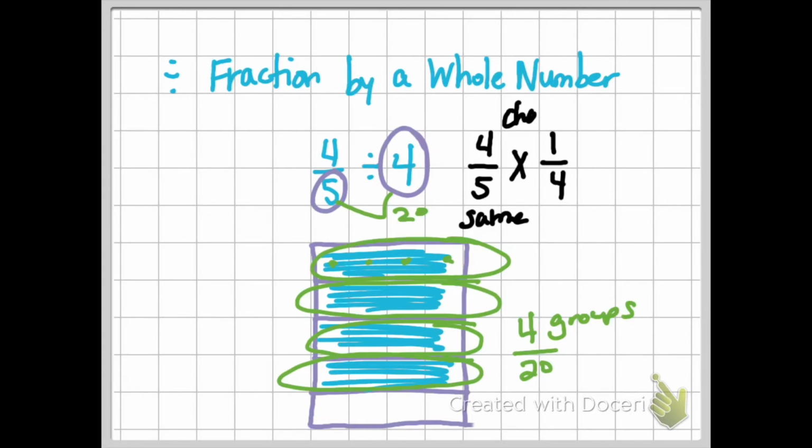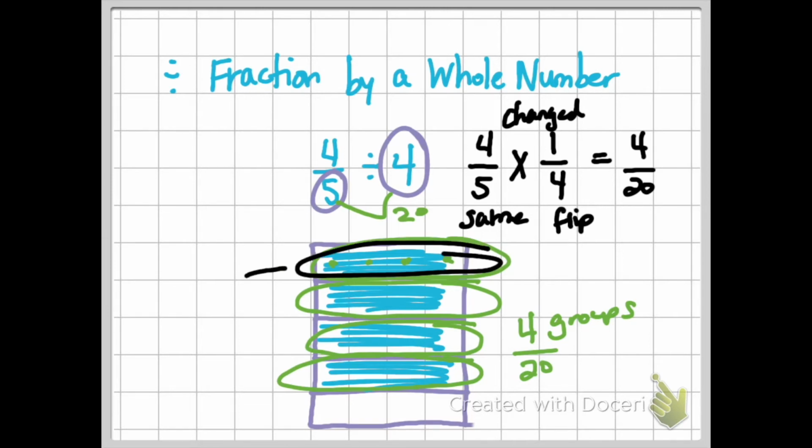We changed our operation to multiplication, and we flipped the second fraction because it's the reciprocal, which gives us 4/20. And if you're simplifying this or looking about how much one of these groups is worth, you can simplify this to 1/5. 4 divided by 4 and 20 divided by 4.